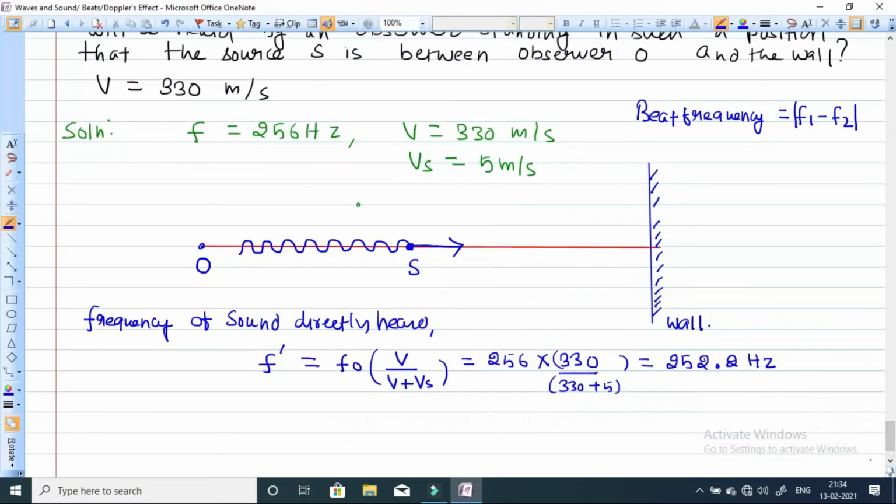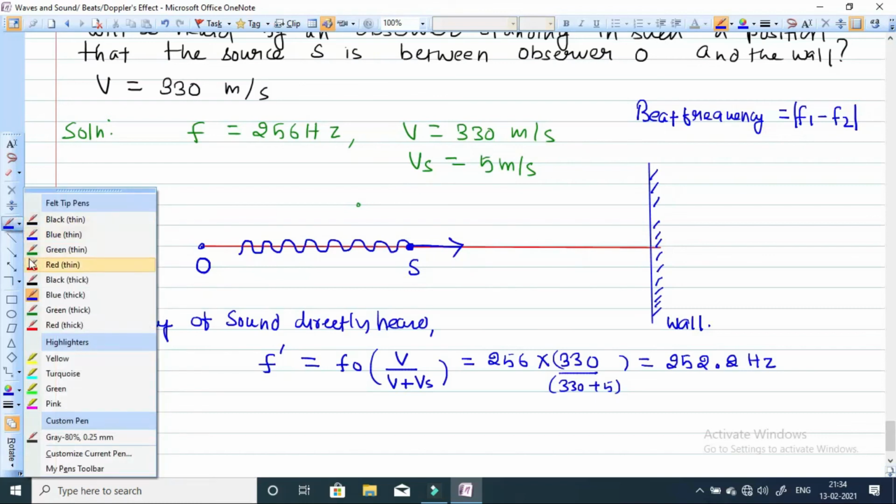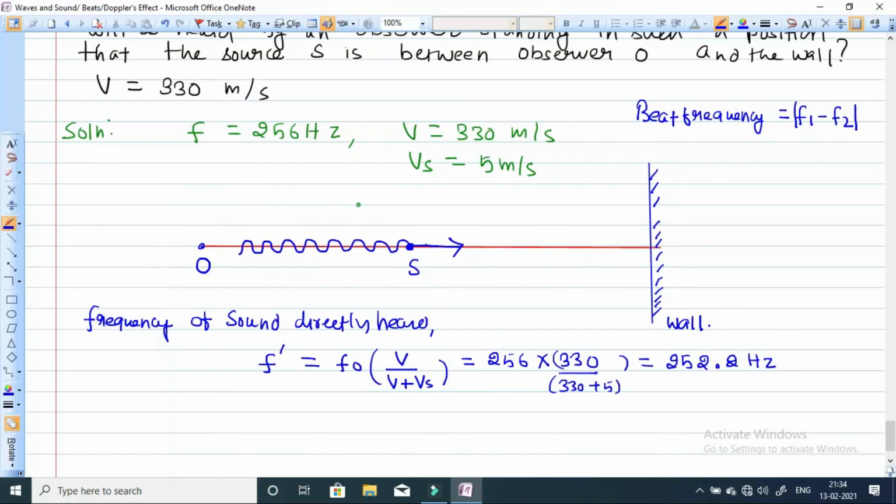Now the second frequency that will be heard by the observer comes after the reflection from the wall. You can see from here the wave is emitted and after reflection we will get the second frequency. So this frequency also we can calculate.